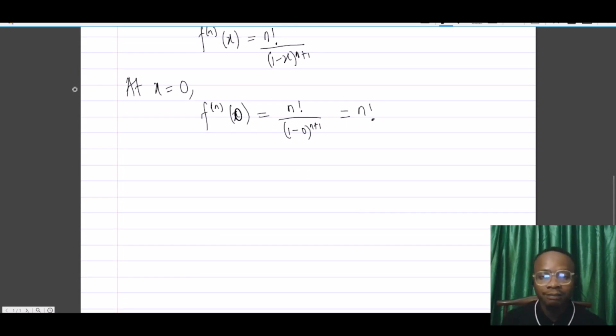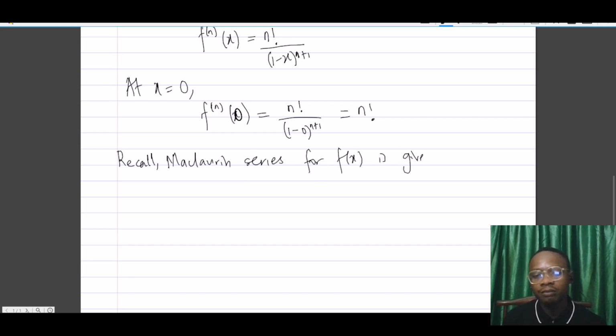We know that our Maclaurin series, so recall that the Maclaurin series for f of x is given by, write out the general expression again. It's a lot easier to just use the general expression instead of getting the terms one after the other, which is going to take time.